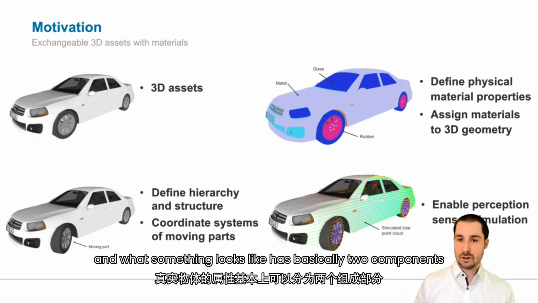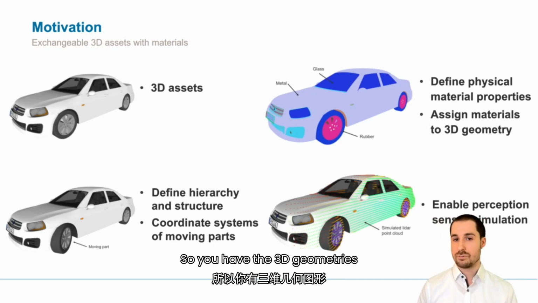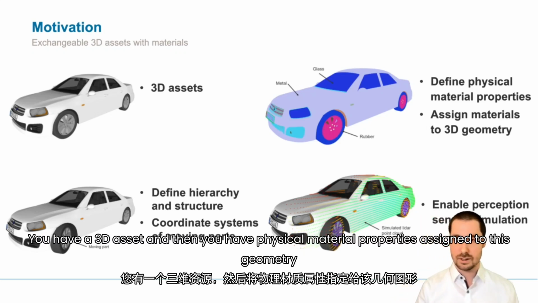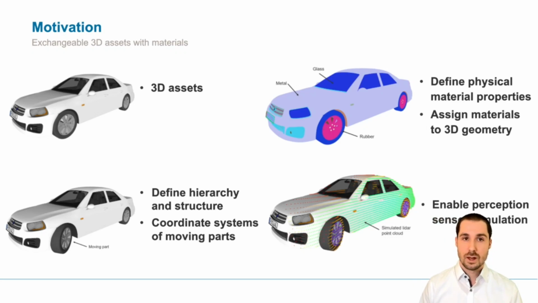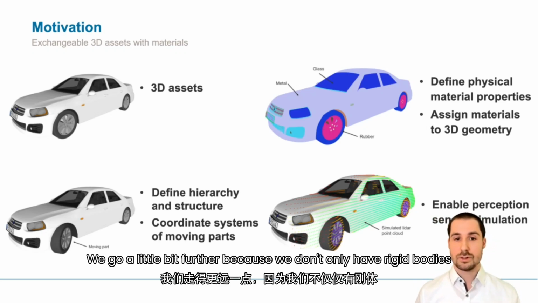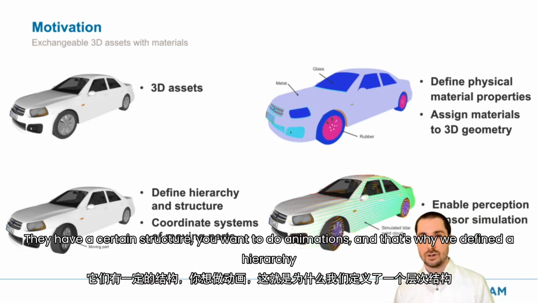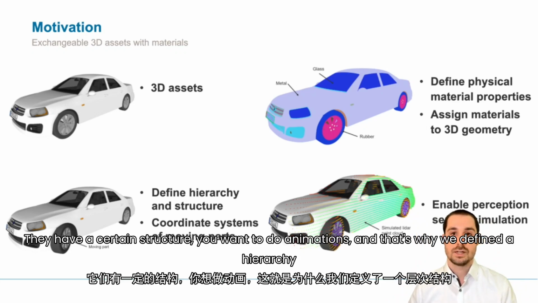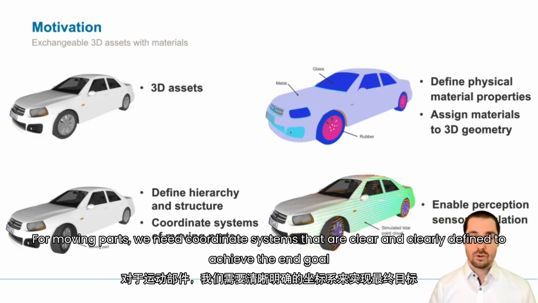And what something looks like has basically two components. You have the 3D geometry, so you have a 3D asset, and then you have physical material properties assigned to this geometry. We go a little bit further because we don't only have rigid bodies, they have a certain structure, you want to do animations, and that's why we defined a hierarchy for moving parts.